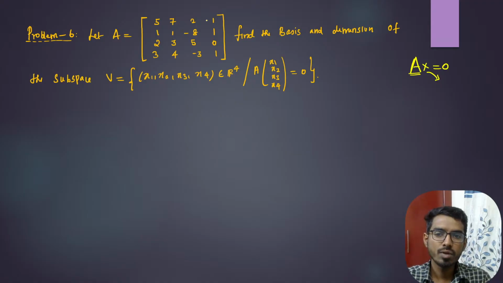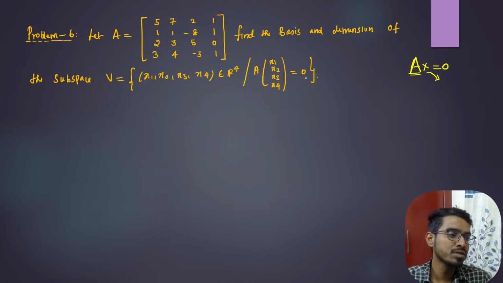Now here you can see they have given the coefficient matrix. The only thing is we need to find the solution space. We need to find the dimension of the solution space and we need to find the basis for the solutions, right? That is, we will find the dimension and basis for the solution of the homogeneous system.